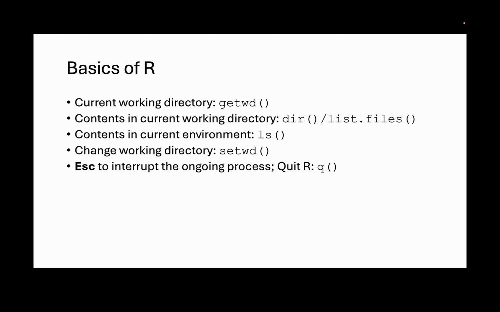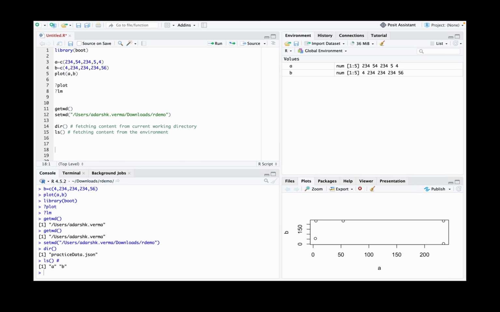Another thing is how you can interrupt any ongoing process or quit complete RStudio. If you want to quit RStudio, you can type q and you'll be able to quit the entire RStudio or R console, whatever you are working on.